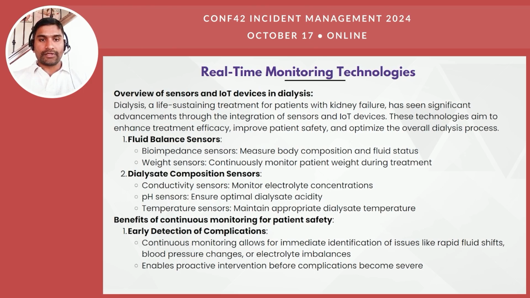We could also detect rapid fluid shifts, blood pressure changes, and electrolyte imbalances, which helps in proactive intervention. The ability to monitor patients in real time allows healthcare teams to intervene proactively before complications escalate. Early identification of issues enables timely adjustments to treatment plans, medication administration, and other interventions.